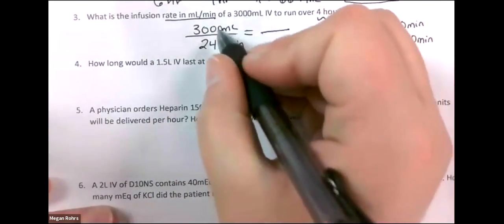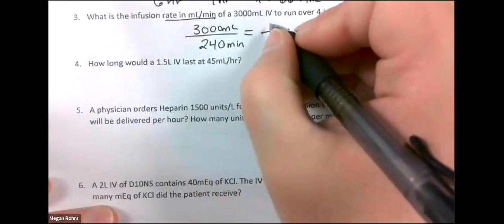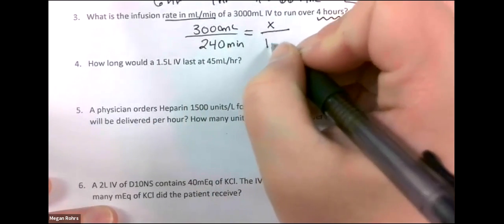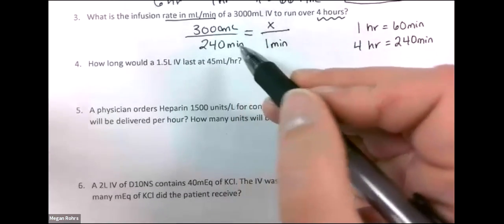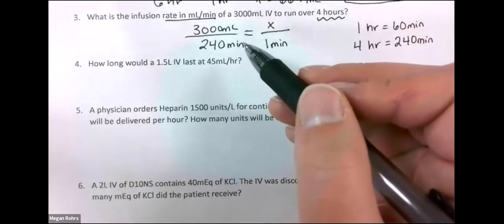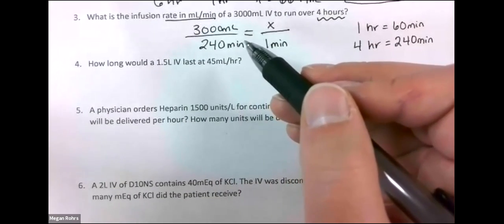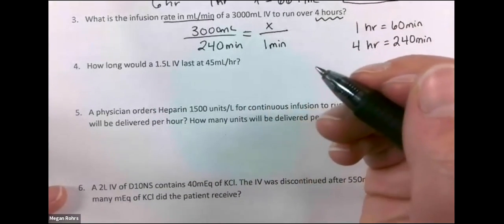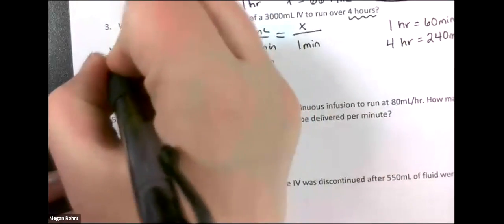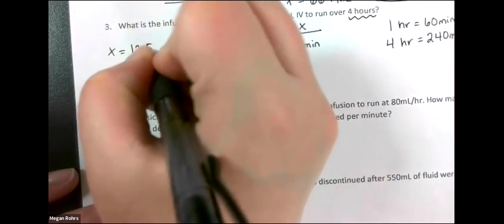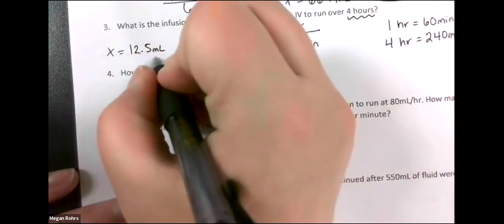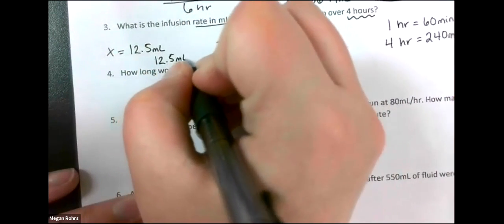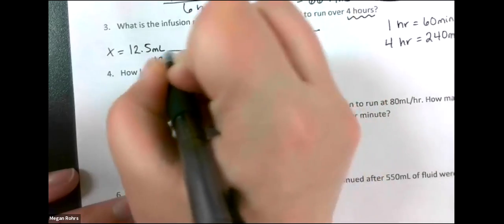So once again, you can simply just divide this, or if you like to set this up, x over 1 minute, it is still 3,000 divided by 240, which gives us 12.5. So x equals 12.5 milliliters. So we know that my rate would be 12.5 milliliters per minute.